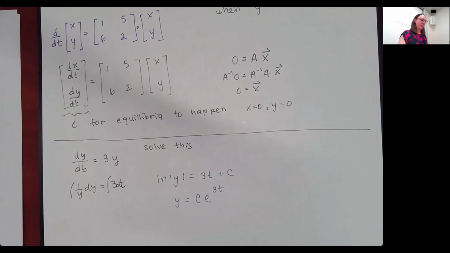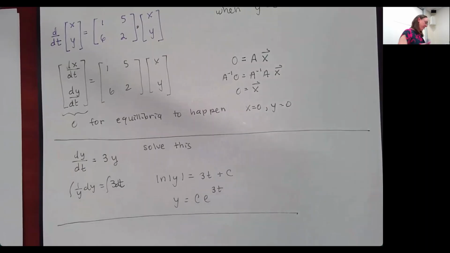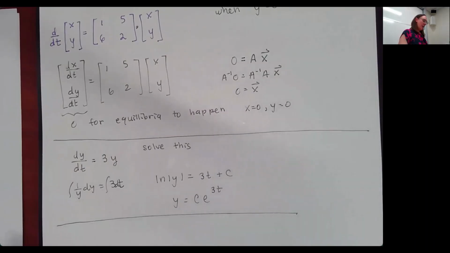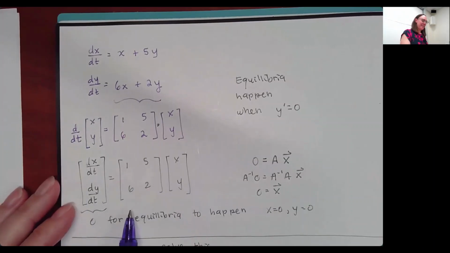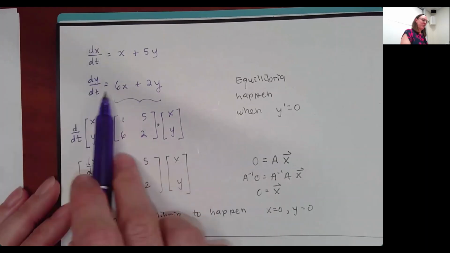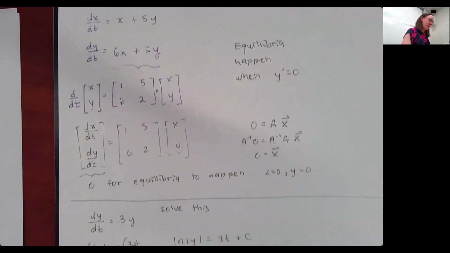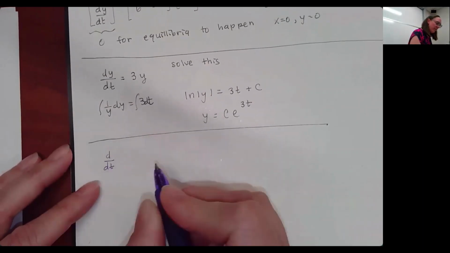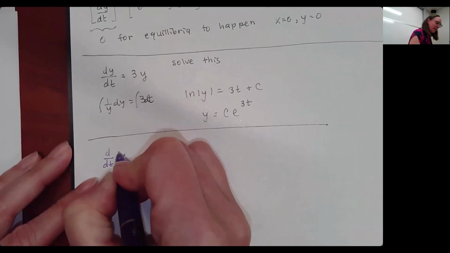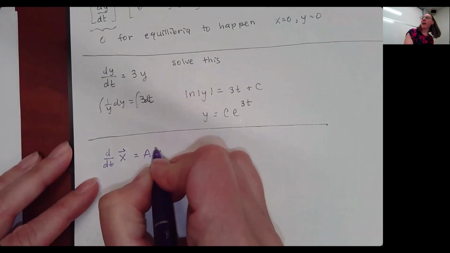This is the big leap part. I've written this system of differential equations in a matrix form so that it looks like the derivative of my vector x is equal to A times my vector x.